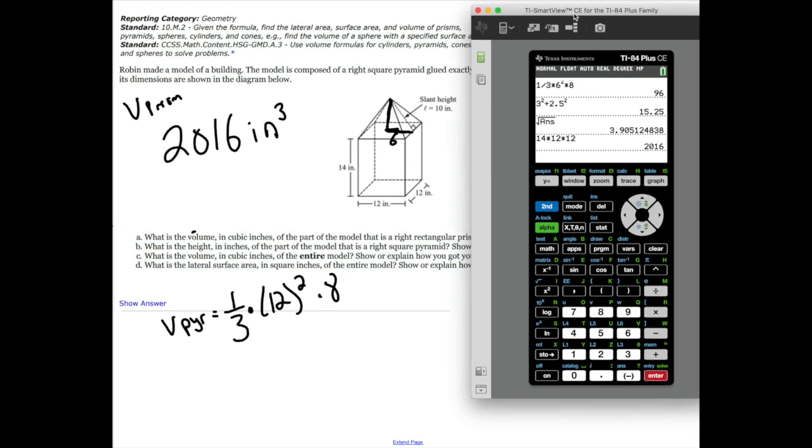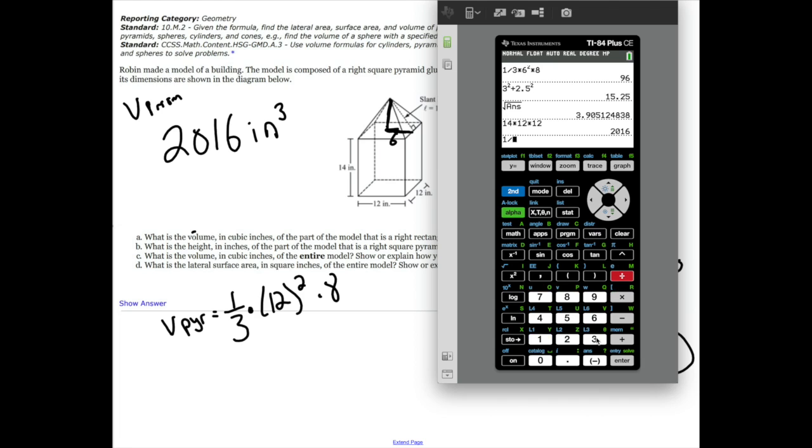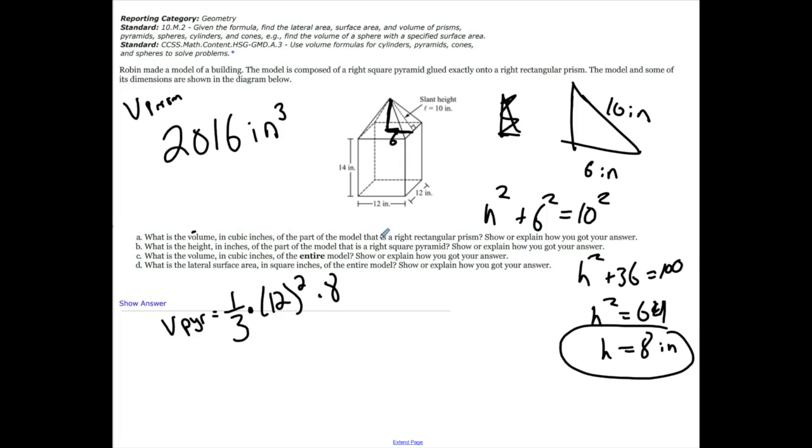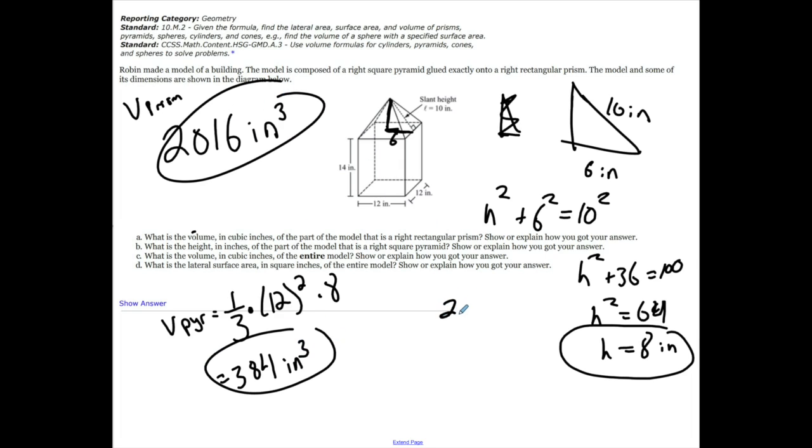Okay, let's go to our calculator. 1/3 times 12 squared times 8 is 384 inches cubed. So what we need to do is add these up. 2016 plus 384 gives us 2,400 inches cubed.